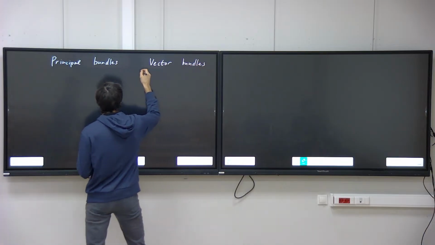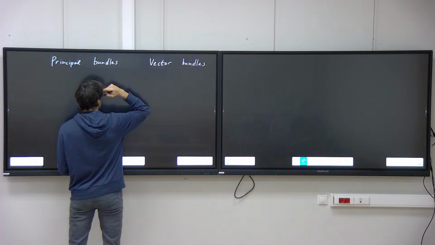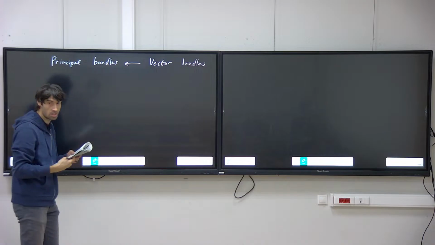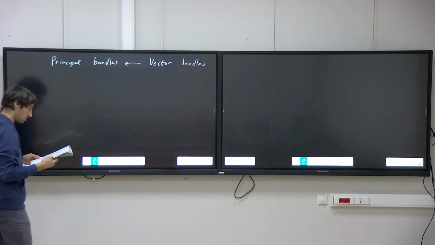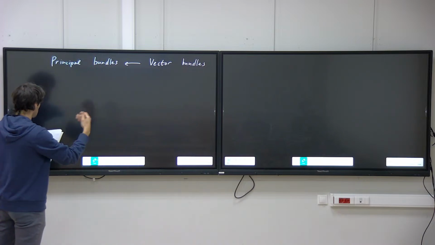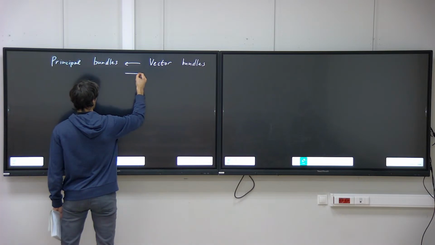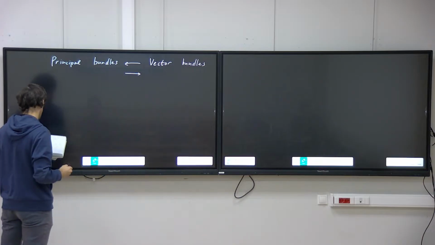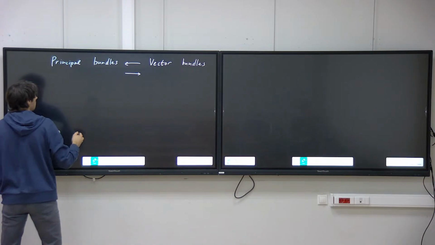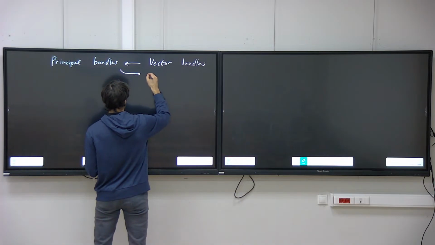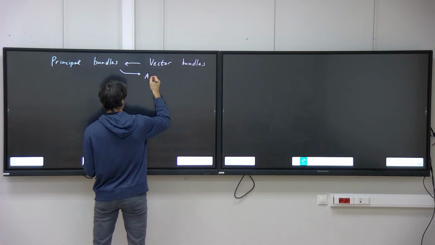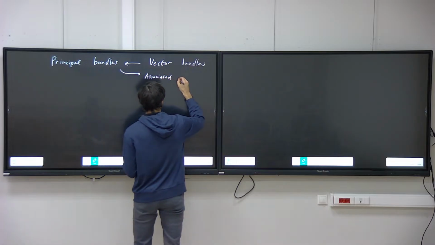And so there's a way to get from the right hand side to the left hand side, which is called frame bundles. And there's a way you go from left to the right. If you go by this arrow, you end up with what's called an associated vector bundle.